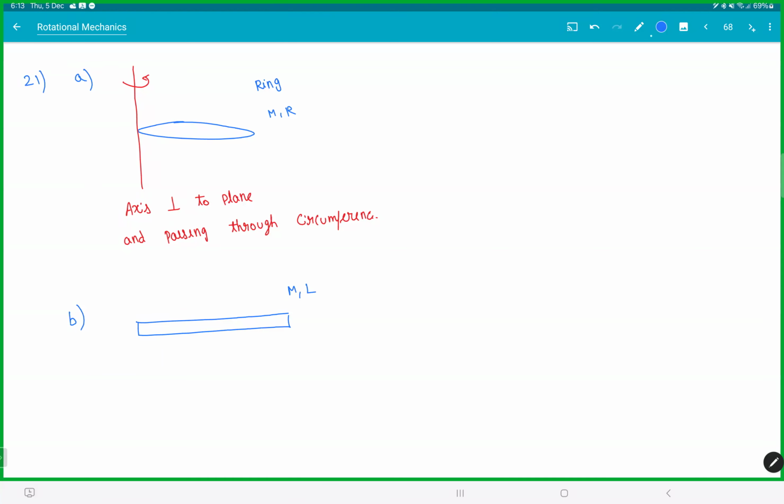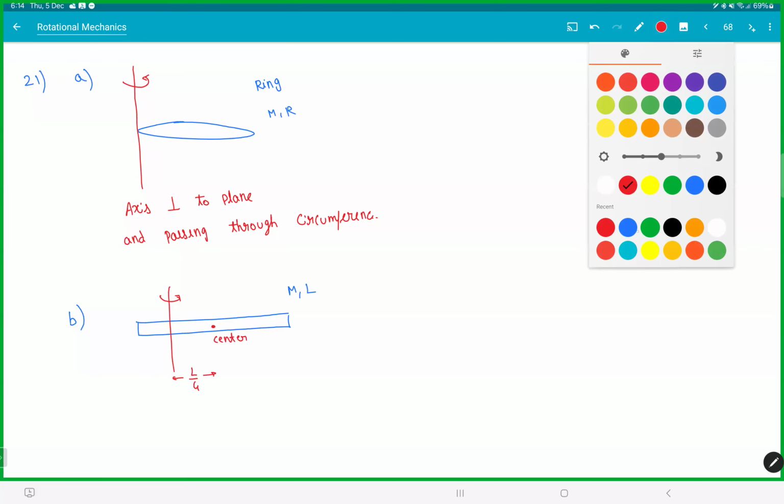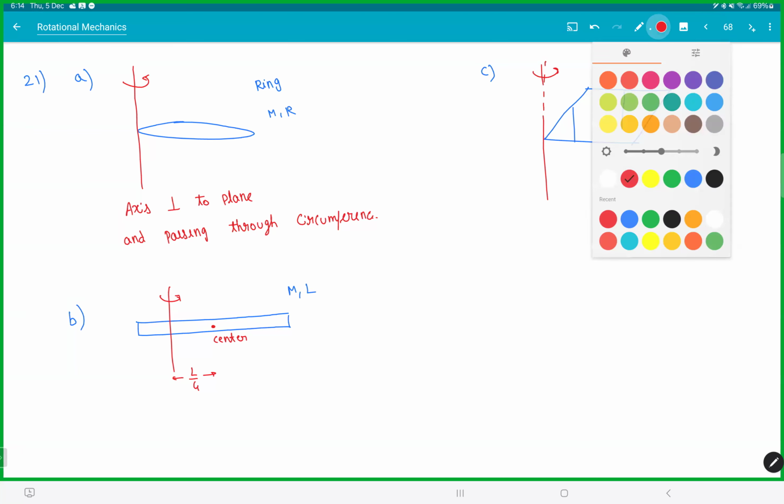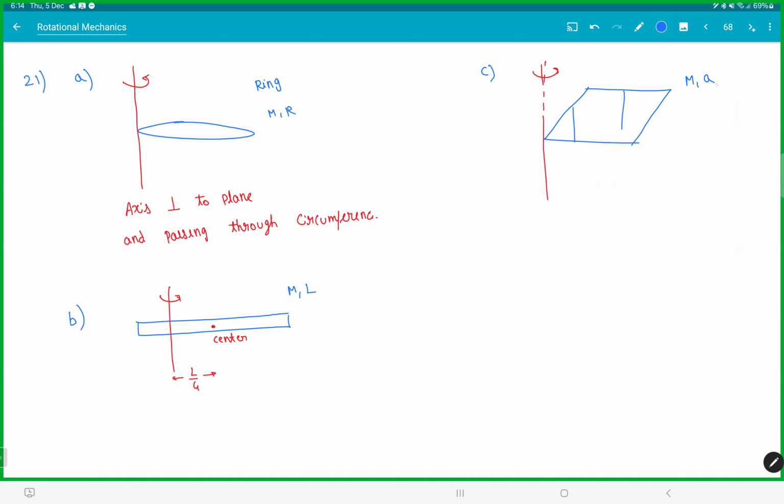A rod of mass m length L, axis at L by 4 from the center. Square plate, mass m, side A, passing through the corner.